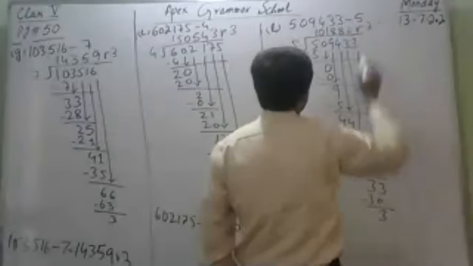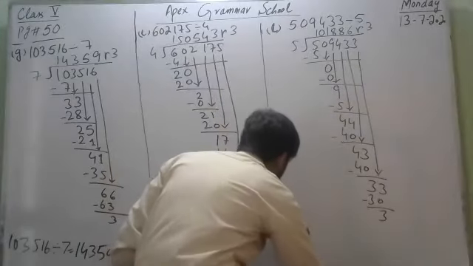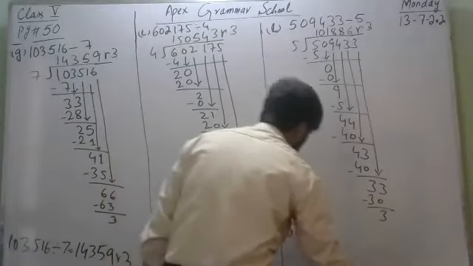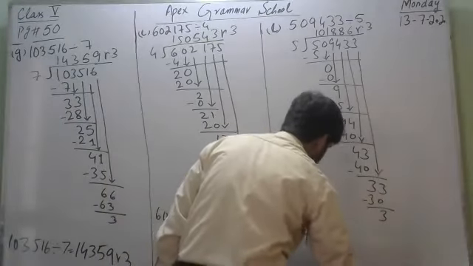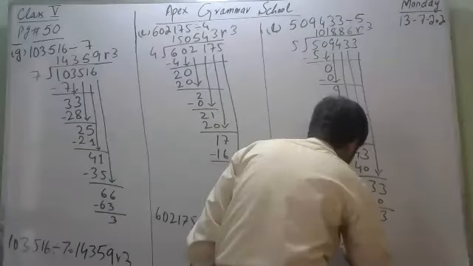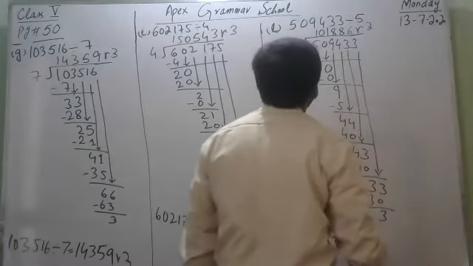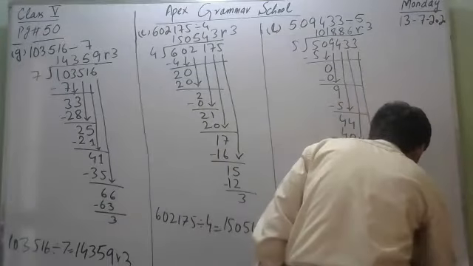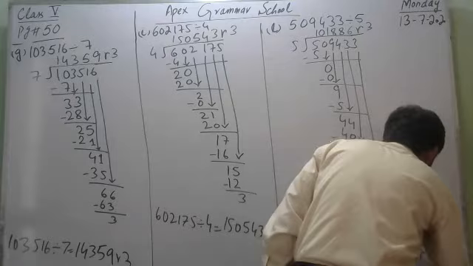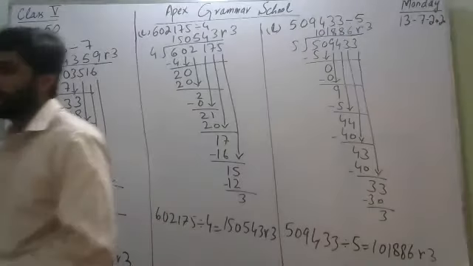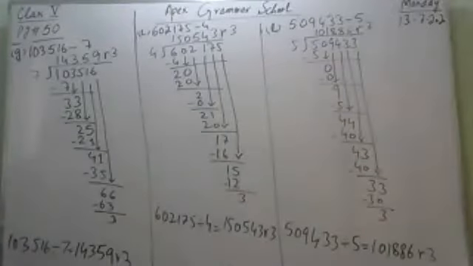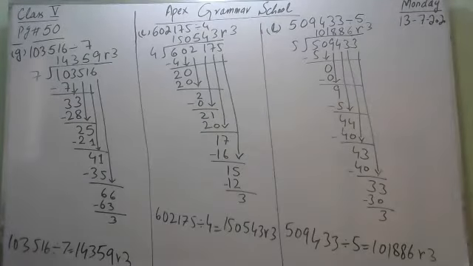Remainder 3. 509433 divided by 5 equals 101886, remainder 3. Remaining parts you have to solve by yourself.